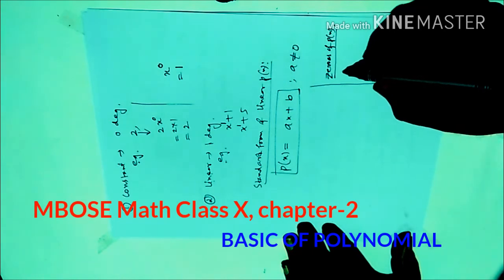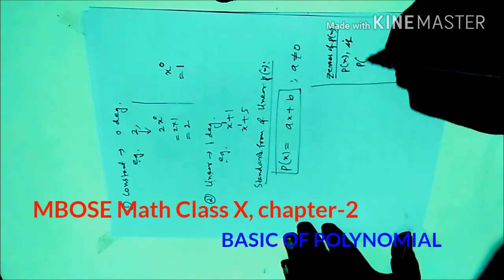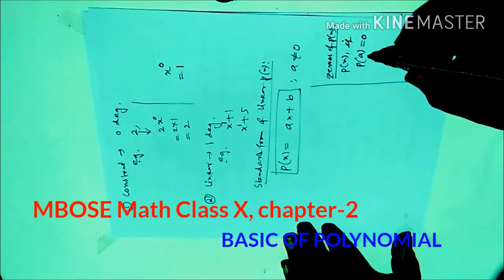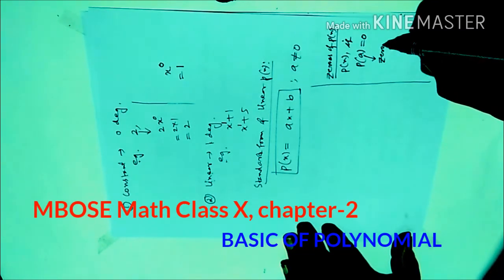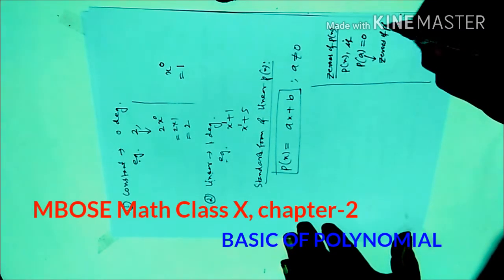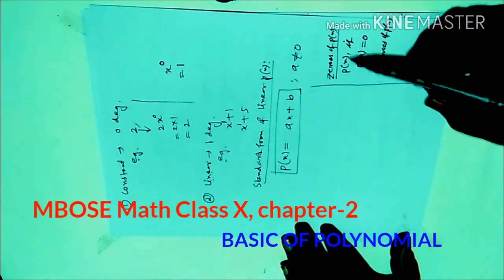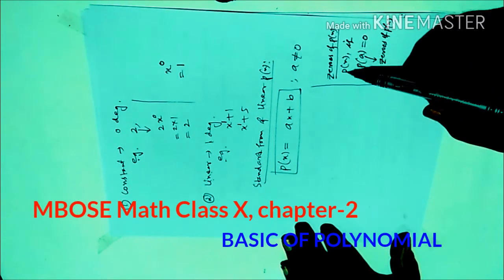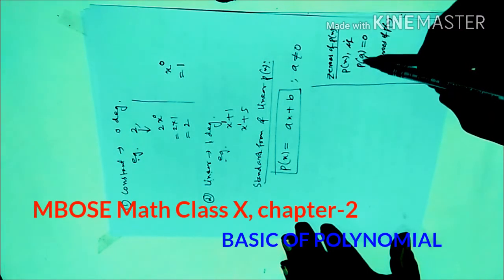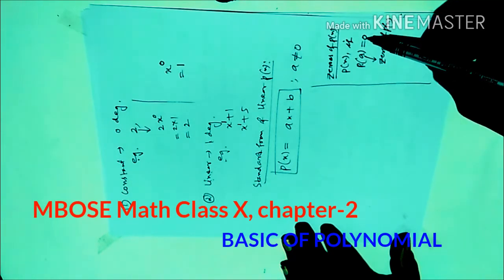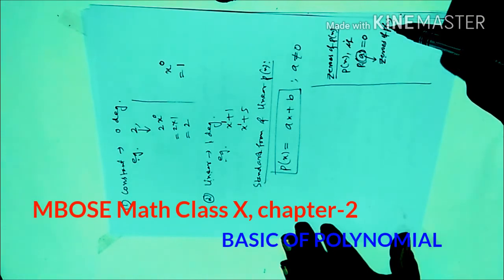For any polynomial px, if pa equal to 0, then we call a value is called zeros of polynomial. This a value for any polynomial px, either px or py or pz, any alphabet, but the value whatever you write, if p value equal to 0, that value one is called zeros of polynomial.